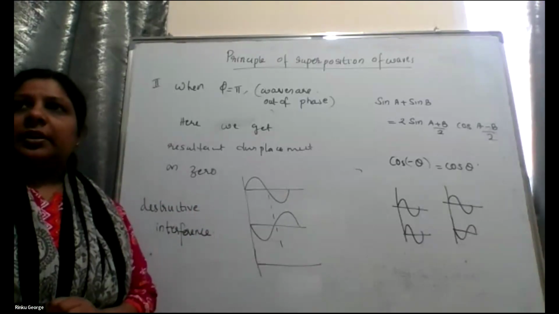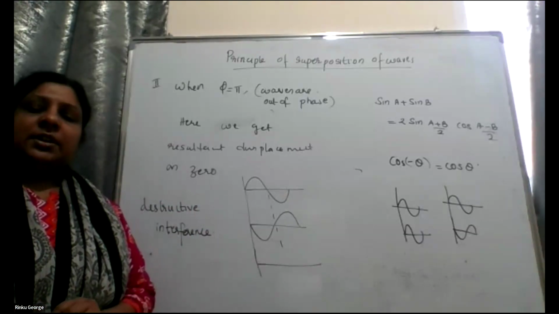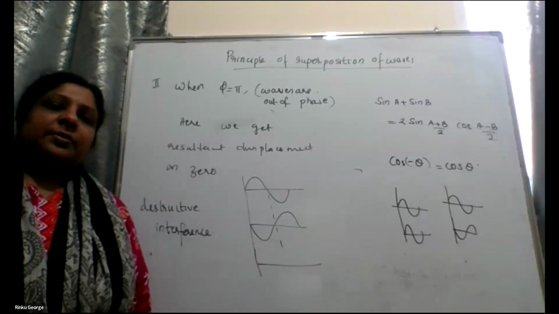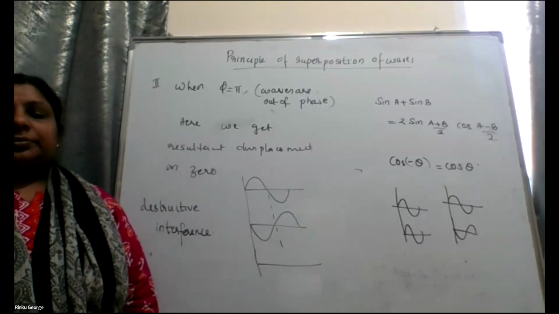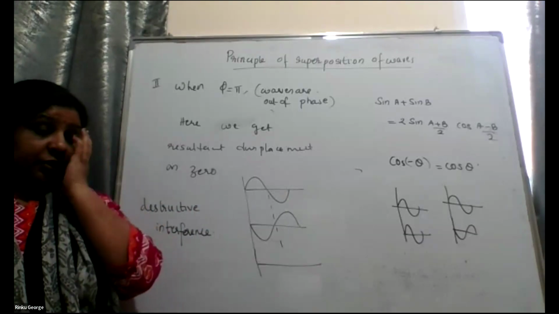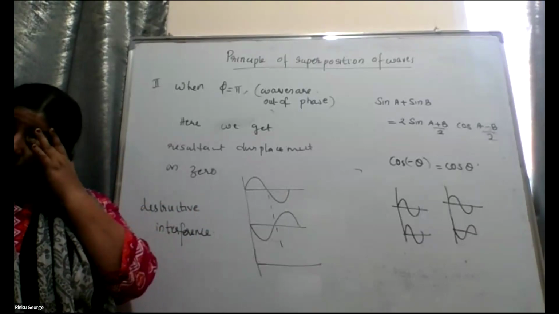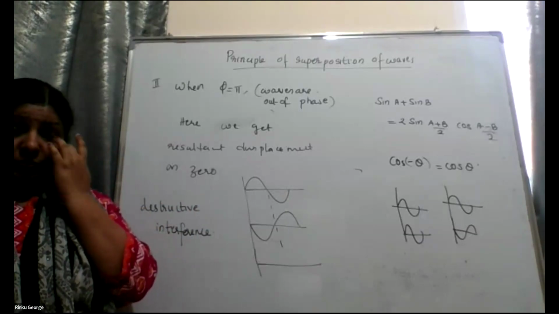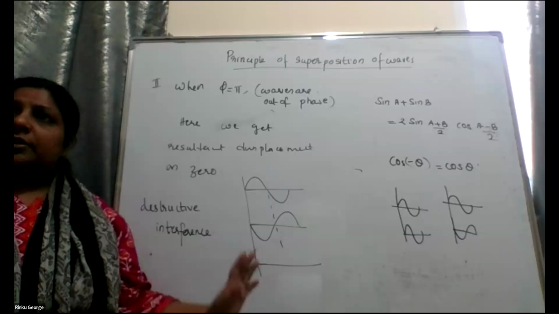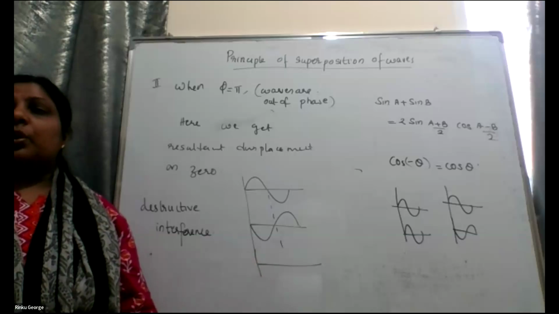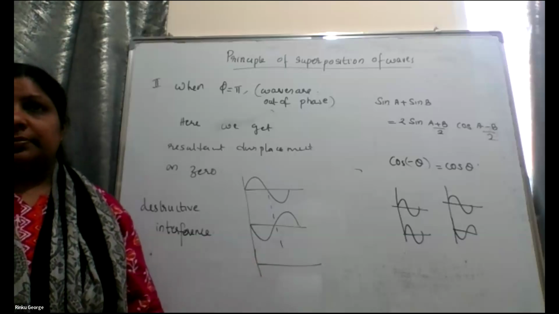Understood? Clear, right? So that is constructive and destructive interference. Only 2 cases. Now next topic is reflection of waves.